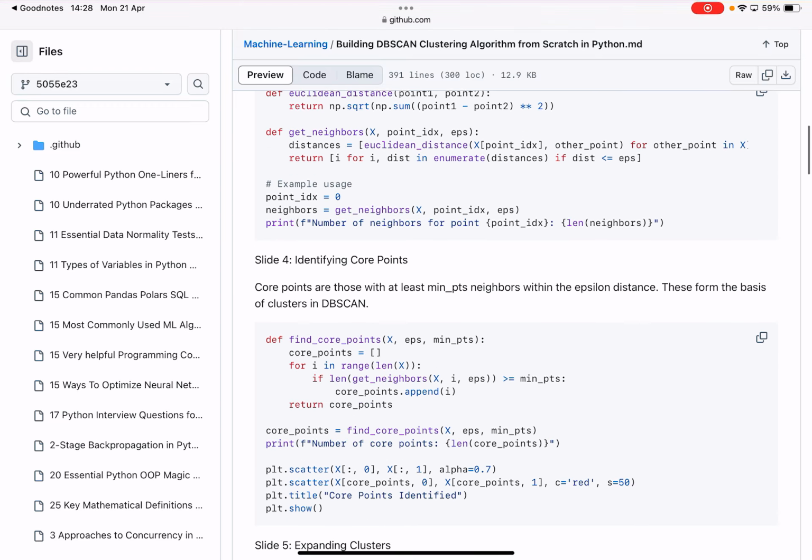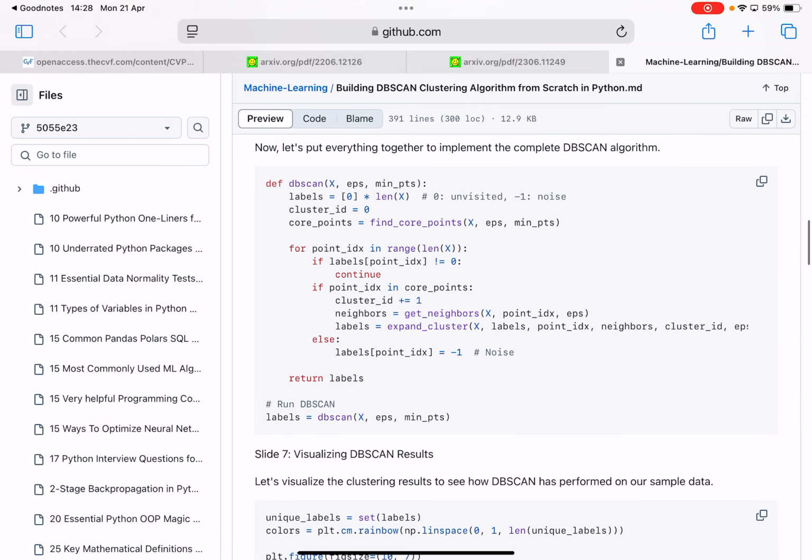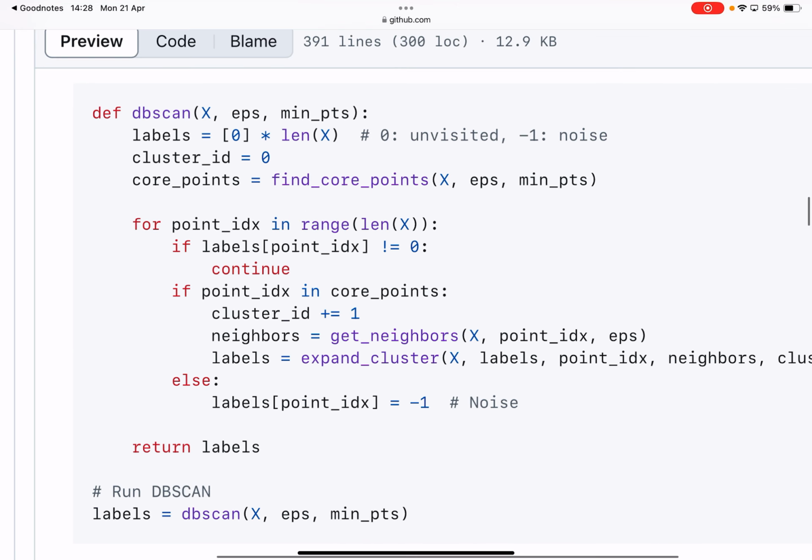By implementation, I mean exactly how DBSCAN identifies core points, neighbor points, and everything. You can look at this implementation and debug each step. You will see how they grow the neighbor points and how they grow the cluster area.